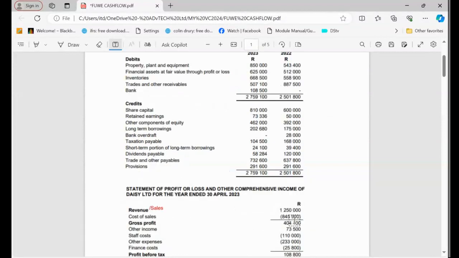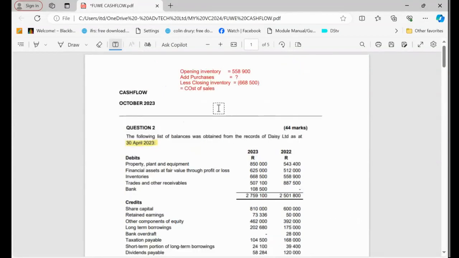How much is it? Check it. The one at the bottom. 845,900. Yes.